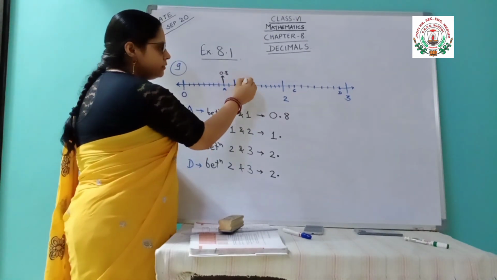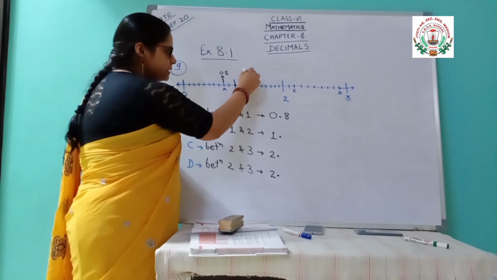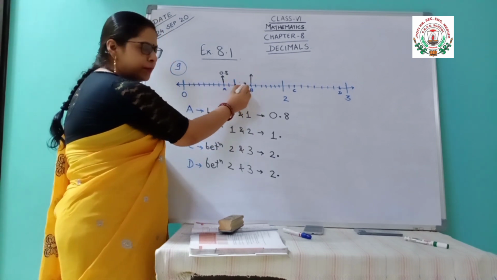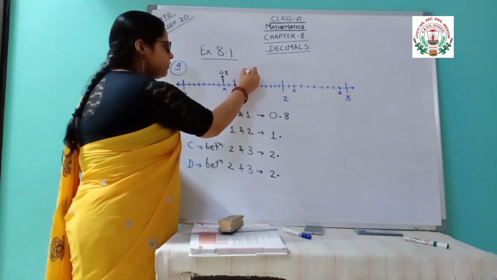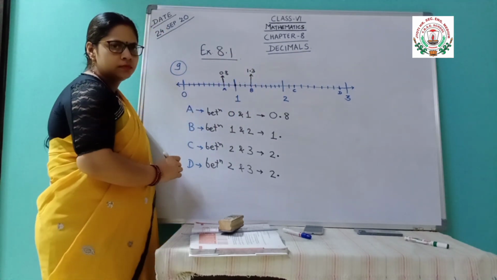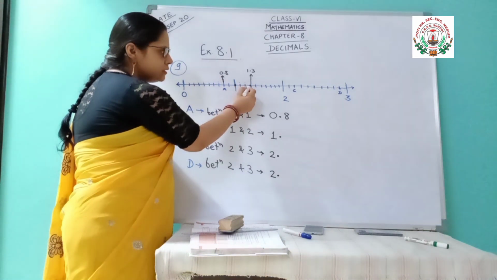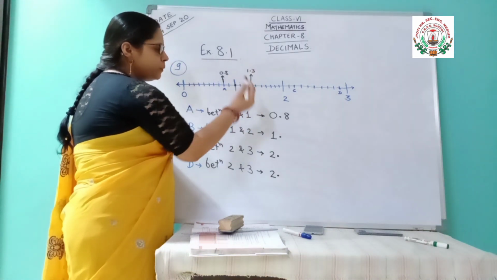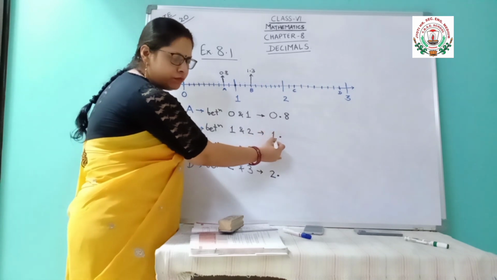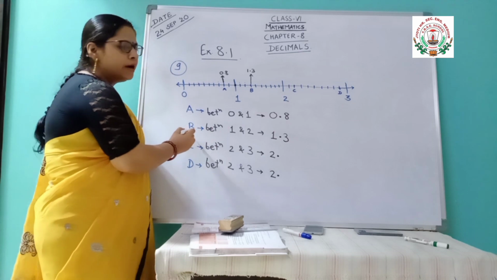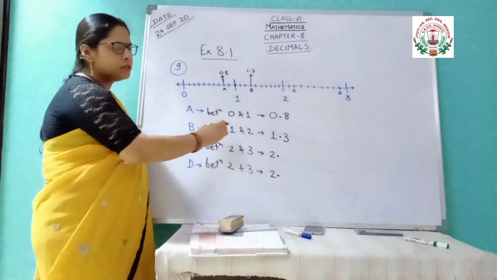It is 1, 2, and this is your third point. So definitely it will be 1.3. Understood? We already wrote 1 point, and it is 3. So 1.3 is the decimal number for B.